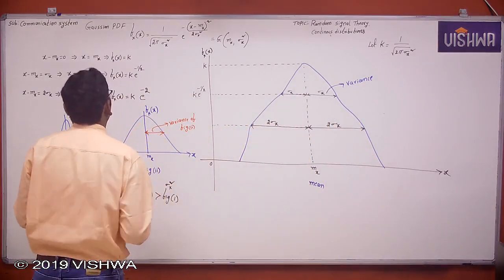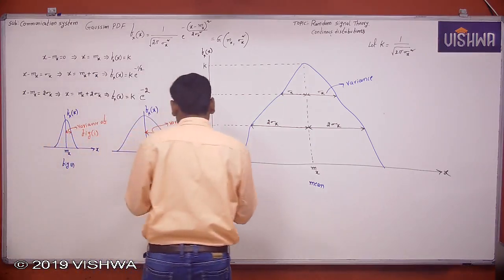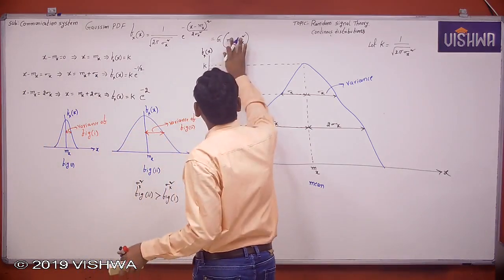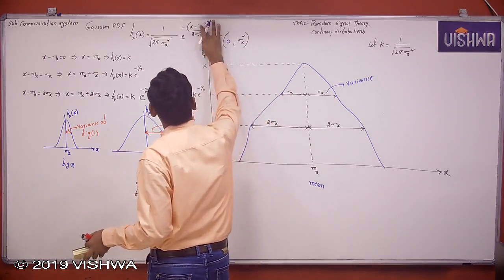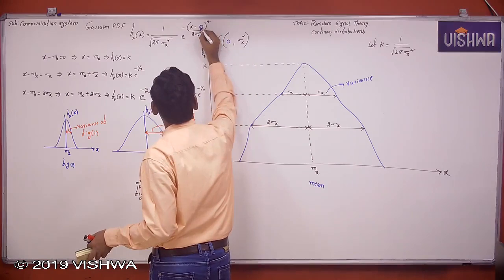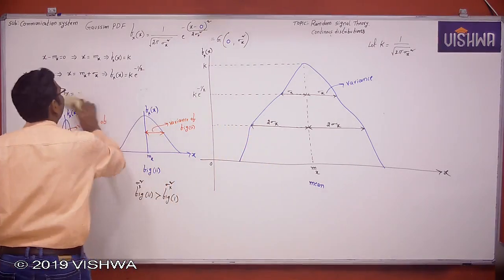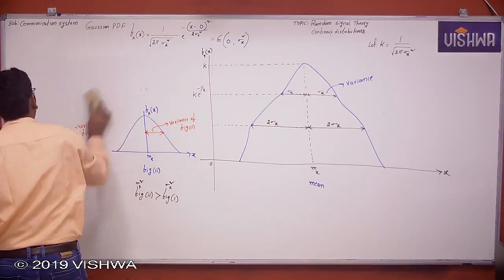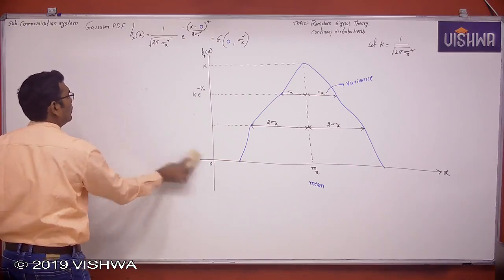Okay. Now I am asking about the same Gaussian probability density function, now with mean equal to 0. If it is a Gaussian distribution function with mean 0, what is the meaning of that?